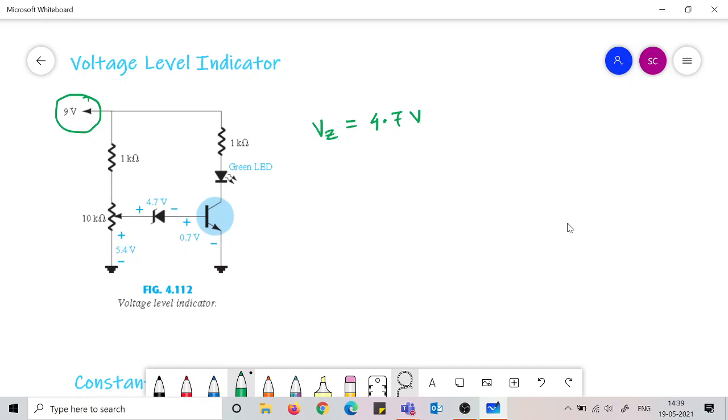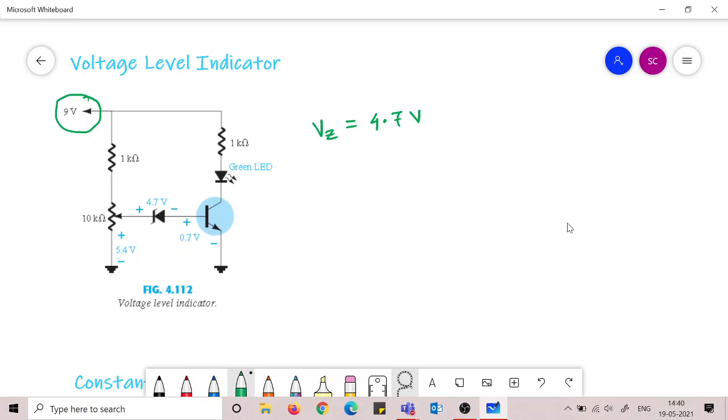Now for some reason, if this 9 volt drops to some value, suppose it becomes 8 volt, then what will happen? This 5.4 volt will no longer be 5.4 volt. It will also drop. But as soon as it drops, the condition in this circuit will not give rise to a reverse bias in this Zener diode.